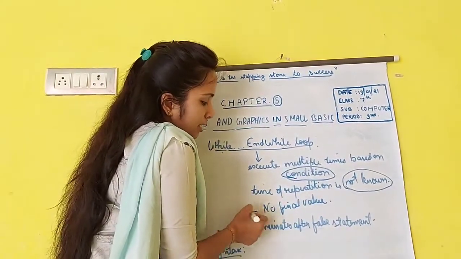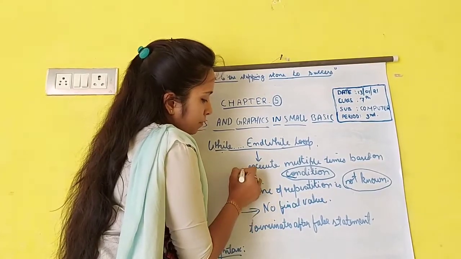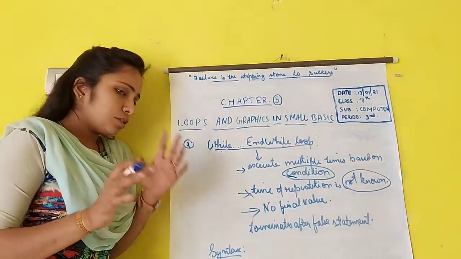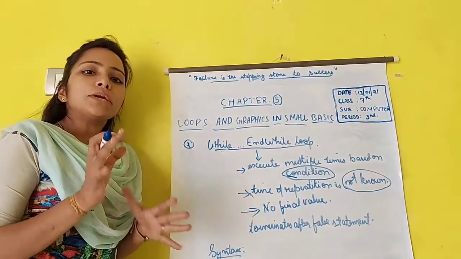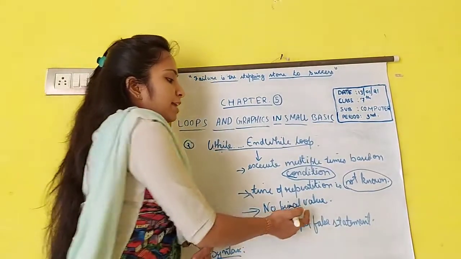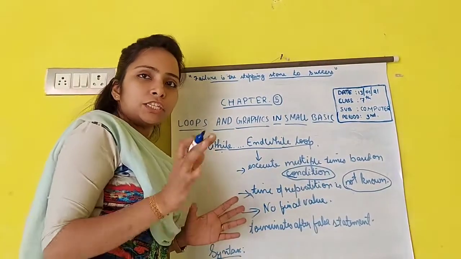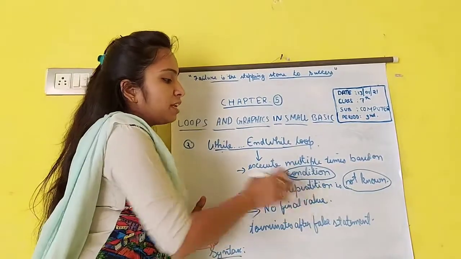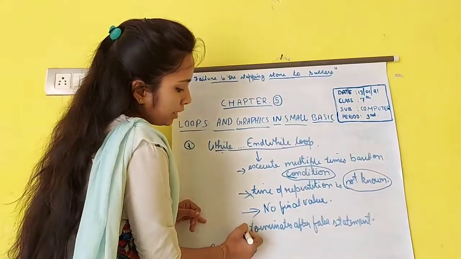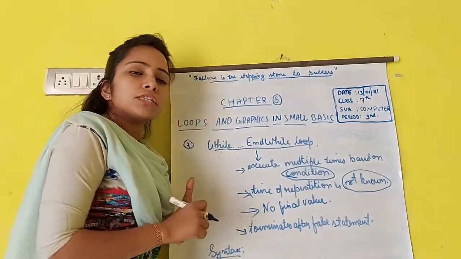Then, the third difference here is no final value. If we do not know the final value, how could we enter it? So here the final value is not known. Initial value we will know, but final value will be unpredictable. Clear? Then it will terminate after the false statement.